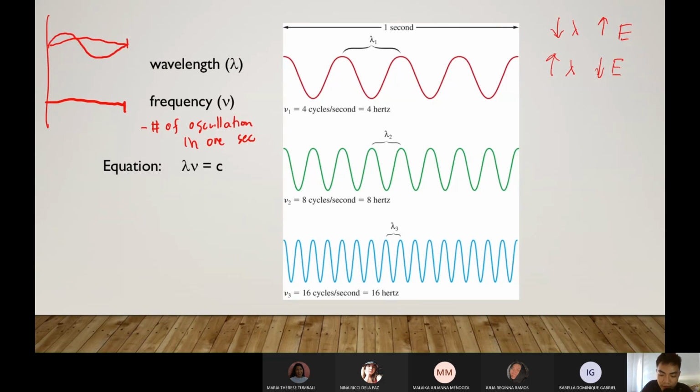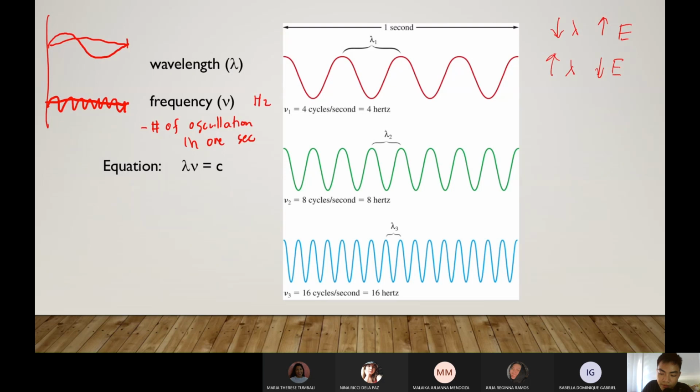Of the two, sino mas mataas frequency? Obviously, ito nasa baba, no? Because it did many oscillations in 1 second than this one. So, unit of frequency is per second or hertz.